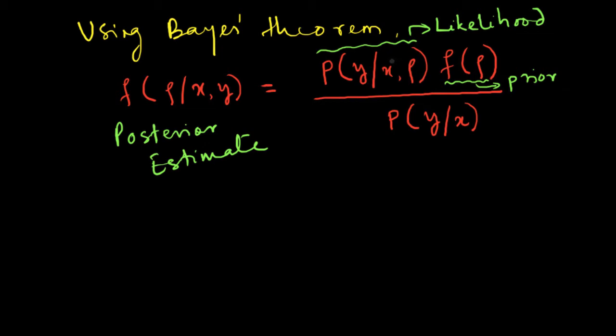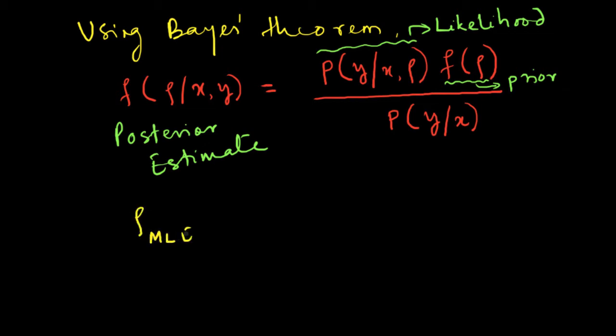So this is the likelihood of getting an output y given the values of x and rho. So now because we are doing a maximum likelihood estimate, the simplifying assumption is that we do not assume anything about f of rho. So in MLE, we take f of rho to be a uniform distribution, and so this goes out of our calculations. And as you know, the objective over here is to find an estimate for rho.